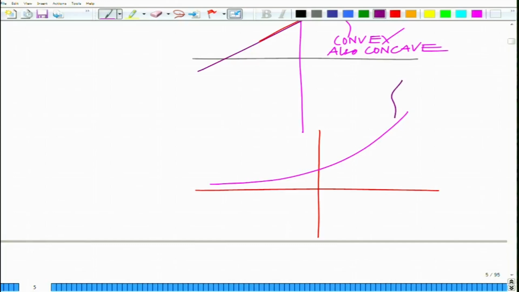If you look at this, this is e to the power of ax for a greater than 0. Okay. It is also known as the exponential.